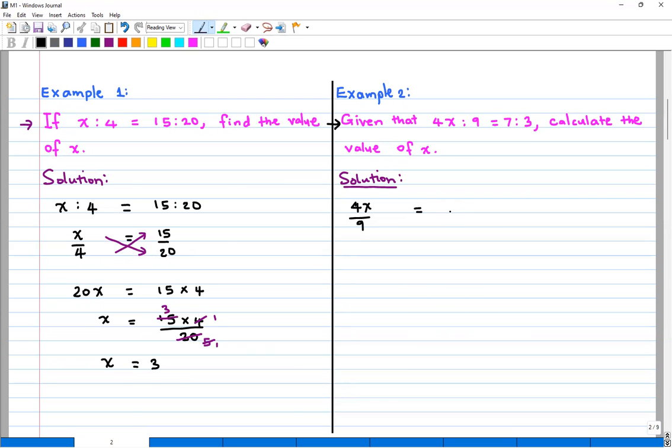It is equal to the ratio 7 to 3, which we will write as 7 out of 3. Now from there, we do cross multiplication. When we do cross multiplication, it means that we are going to have 4x times 3 is equal to 7 times 9.